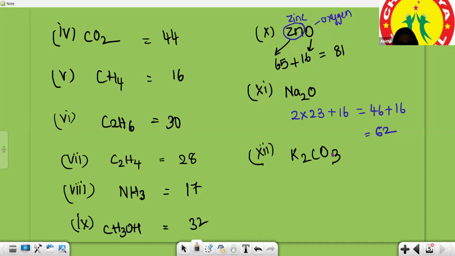Clear? Now K2CO3. Potassium is how much?